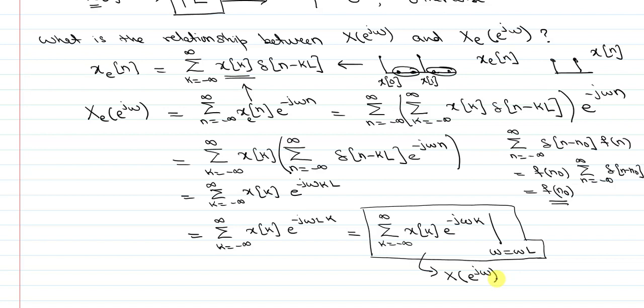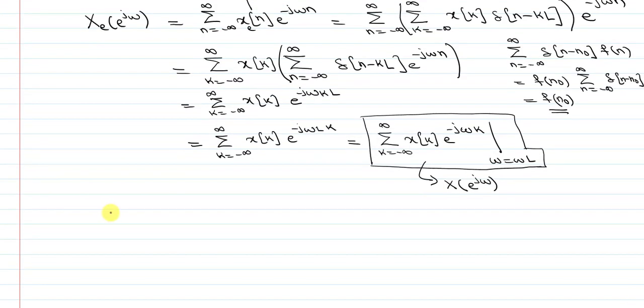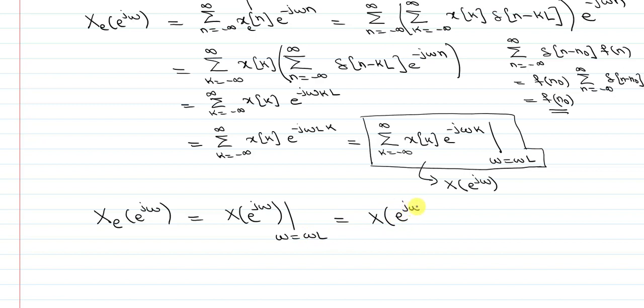The only difference I have here is instead of x n, I have x k, but that k or n is just a dummy variable. So what I get is that the expanded sequence's transform, X_e of e to the j omega, is simply X of e to the j omega with omega replaced by omega L, or that is equal to X of e to the j omega L.